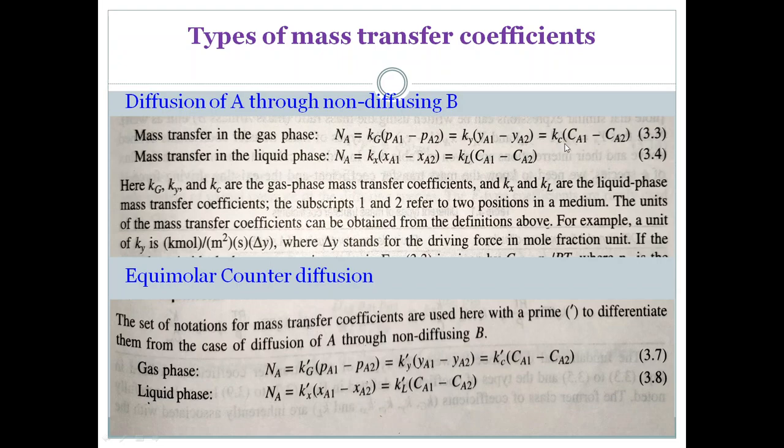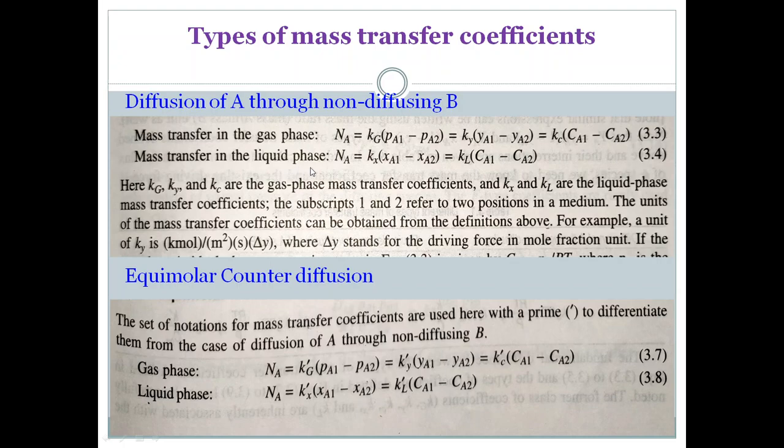So for diffusion of A through non-diffusing B, for mass transfer in gas phase, there are three mass transfer coefficients: kG, ky, kc. There are three possibilities for expressing the driving force.